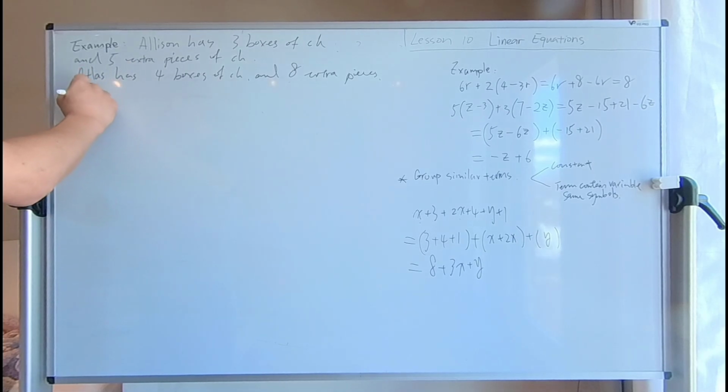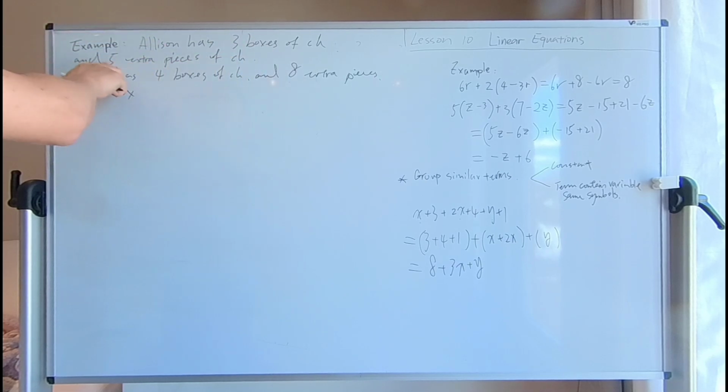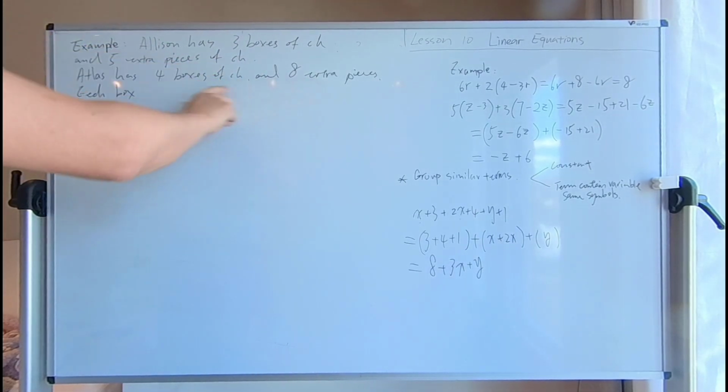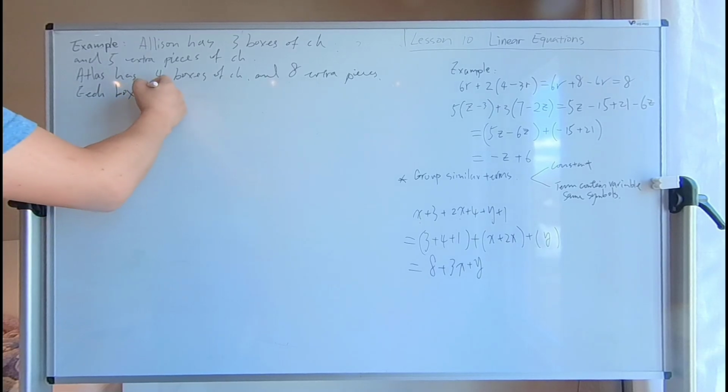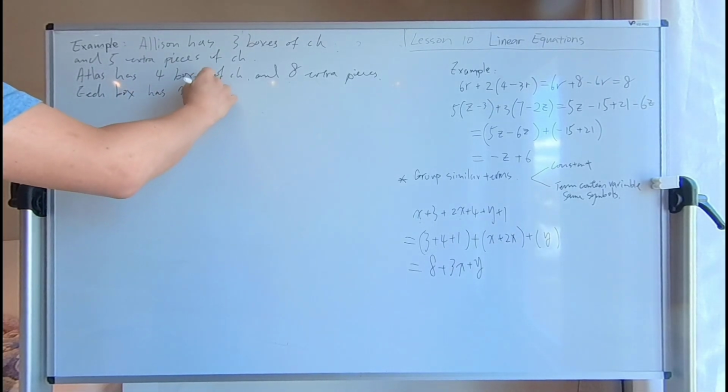Each box, as we have 3 boxes plus 5 pieces, the other one has 4 boxes plus 8 pieces, but each box has x pieces.